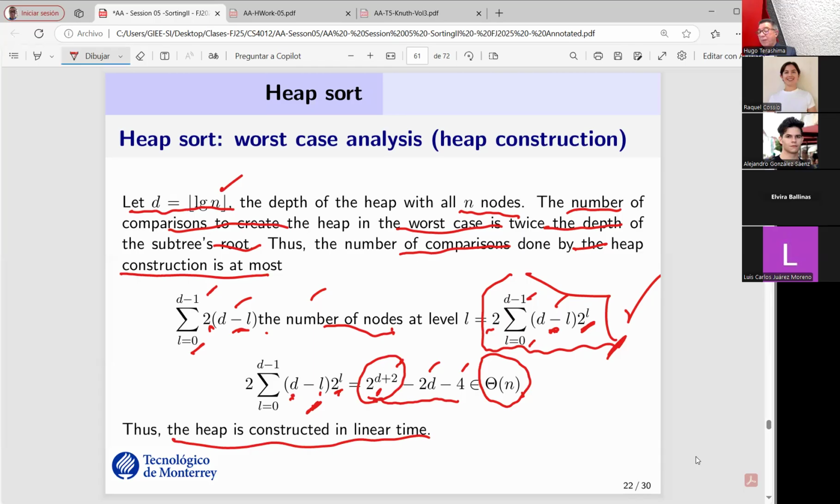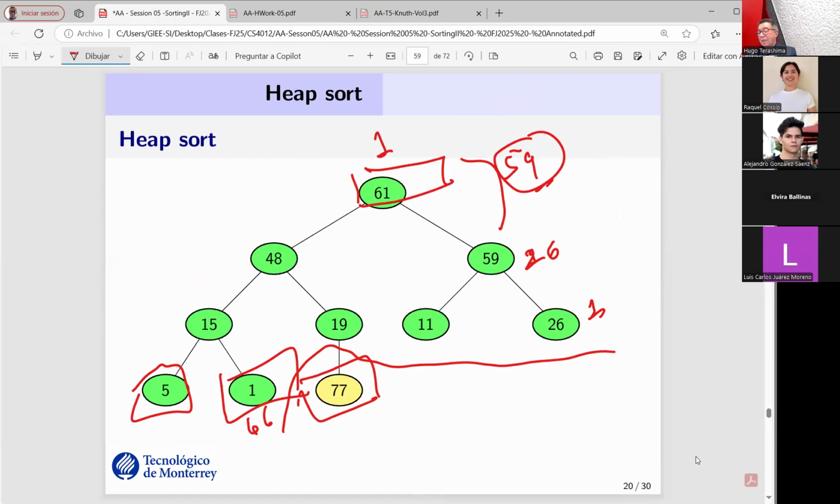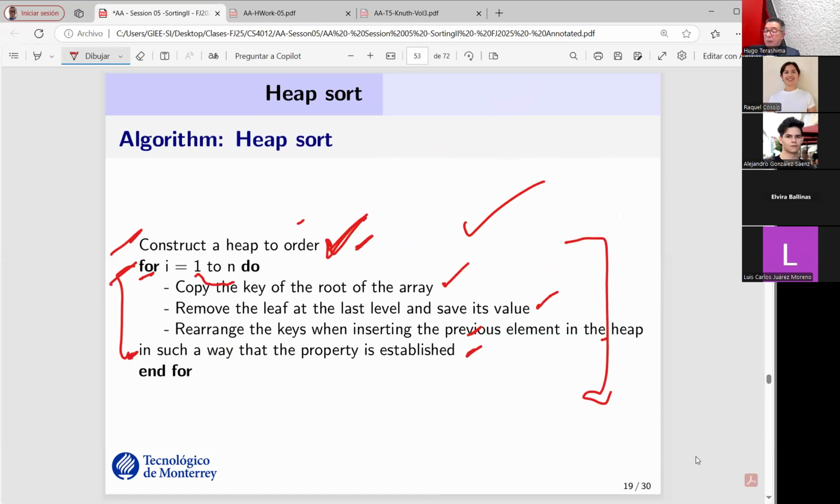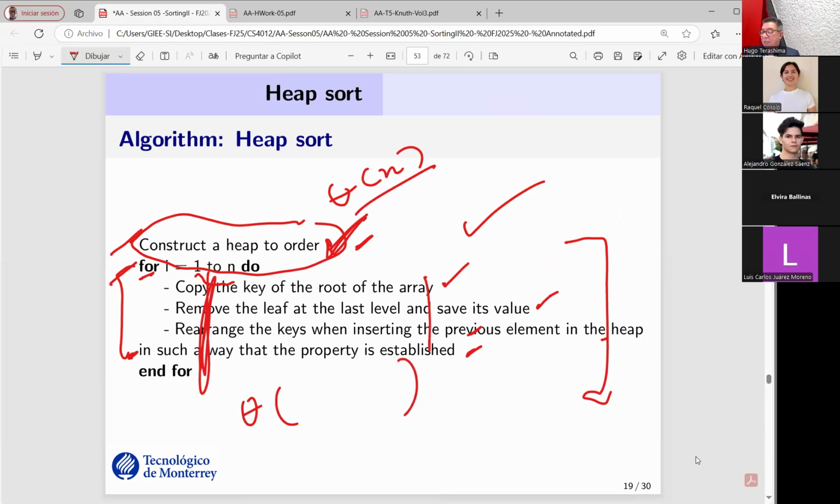So what do you expect here? This part is linear. And we need to count the comparisons in this one. What do you expect to be the complexity of the cycles here? What do you think is going to be the complexity of the cycle?